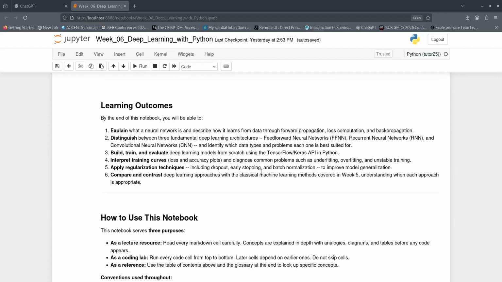About the learning outcome: by the end of this notebook, the aim is to be able to explain what a neural network is and describe how it learns from data through forward propagation, loss computation, and back propagation. All those concepts, we are going to see them once we continue with the practice.